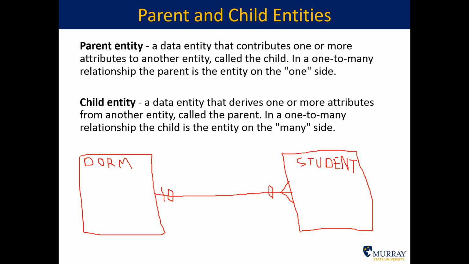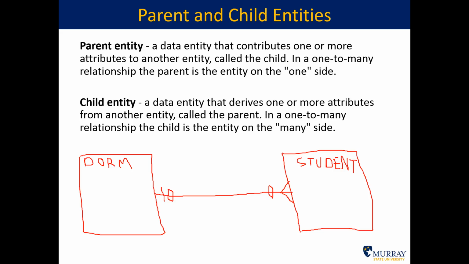So again, let's go back to our definition. In a relationship between two entities, one entity is a parent entity and one entity is a child entity. Now think for a second, which entity would be the child entity and which entity will be the parent entity?